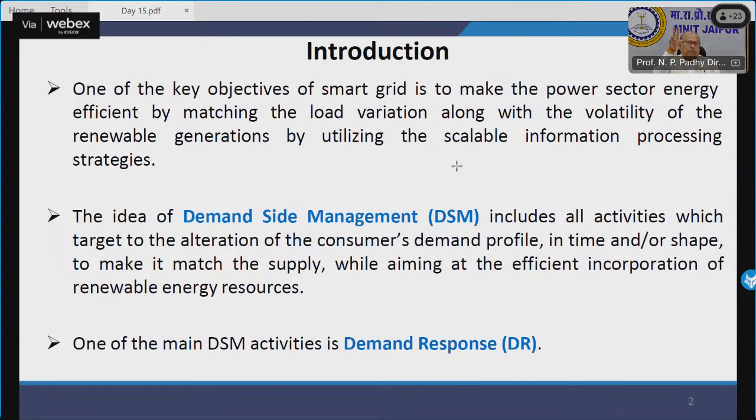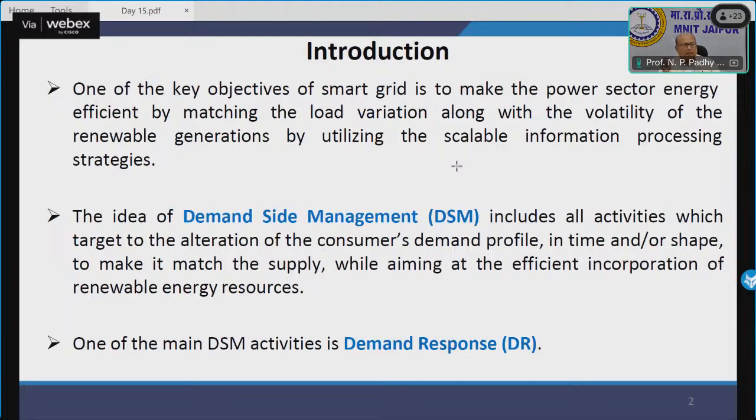One of the key objectives of smart grid is to make the power sector energy efficient by matching the load variation along with the volatility of the renewable generation by utilizing scalable information processing strategies.